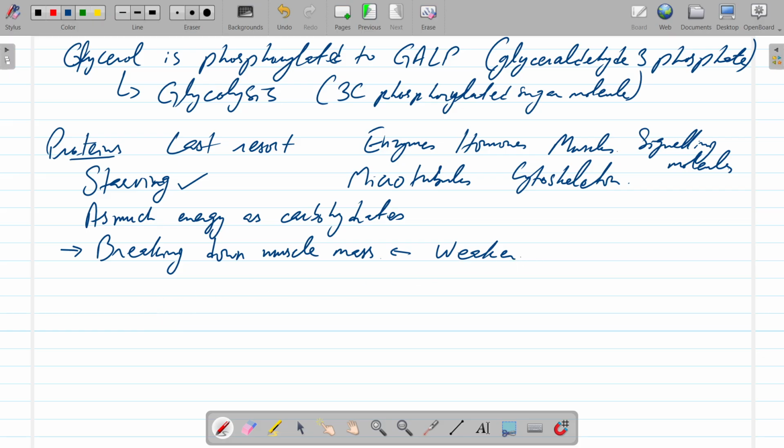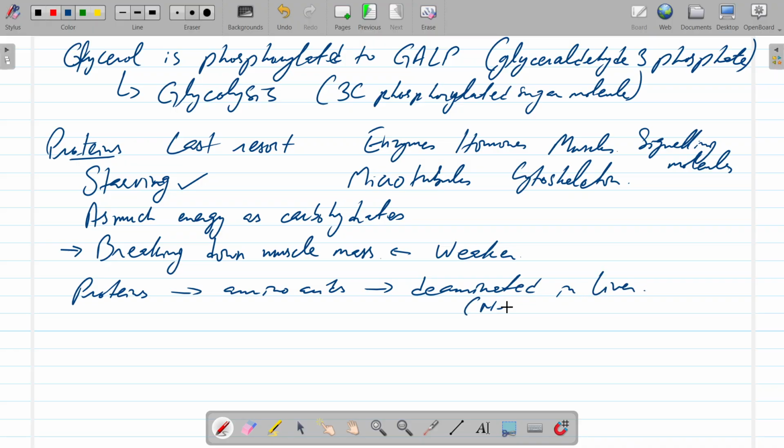Now, proteins cannot be used directly. So they're broken up into amino acids, and then those amino acids are deaminated in the liver, and that means that their nitrogen group is removed, or ammonia is removed.